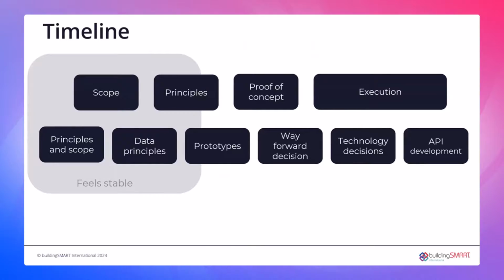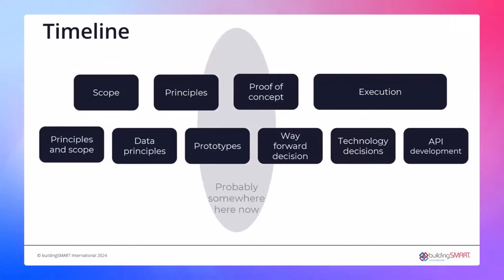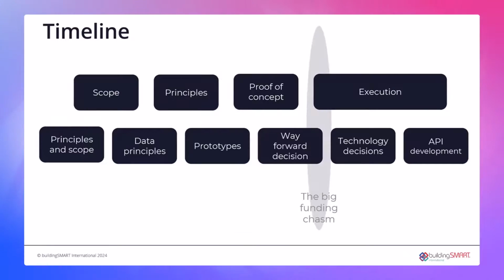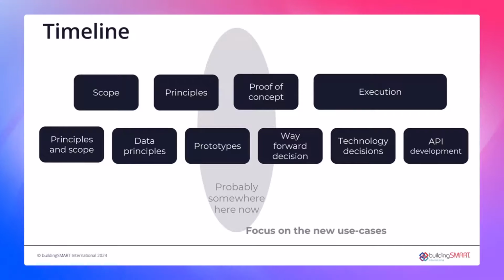So apologies if I assumed that everyone was on board with that already, but I actually still assume we are. Now we're moving into this prototypes way forward decision. I think we're probably somewhere here. I hope that in the discussion later today, we can make a decision on this way forward, with the focus on these new use cases.